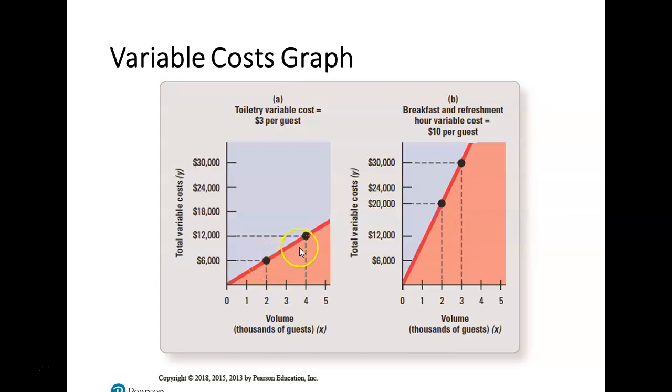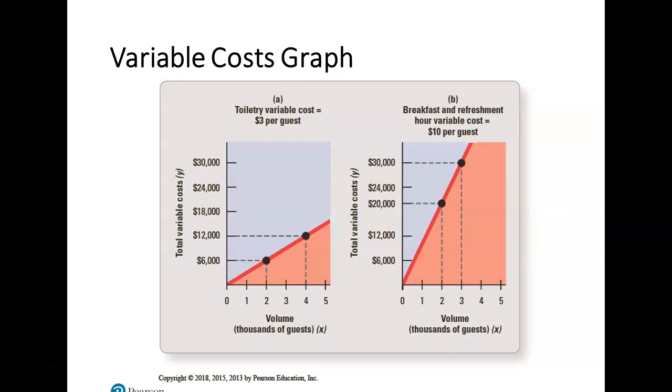And the cost is going to go up in proportion. As the number of guests increases, the cost of the toiletries they are using will go up as well. For certain organizations, that's a critical component, because if you have fewer guests in your hotel, you have to see that your variable costs are going to go down as well.